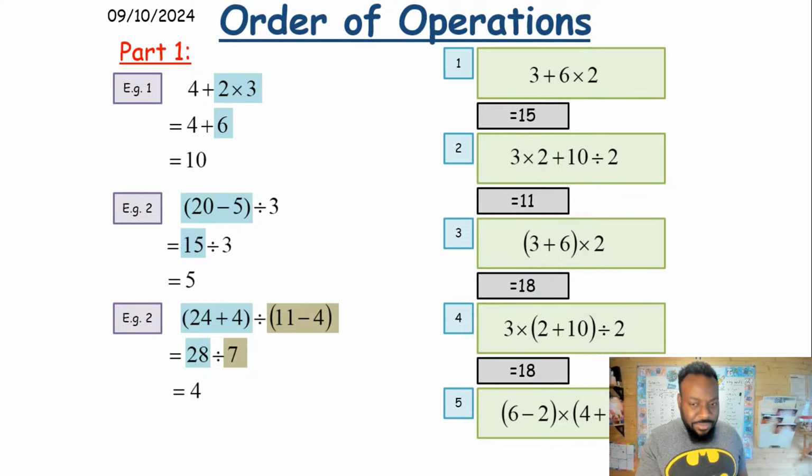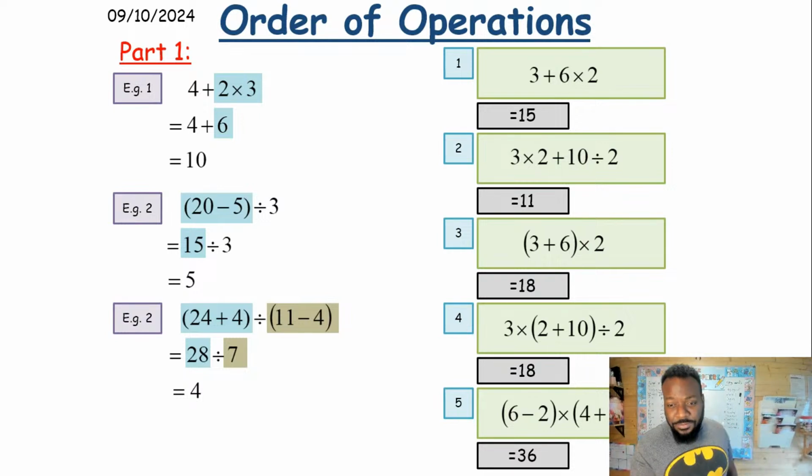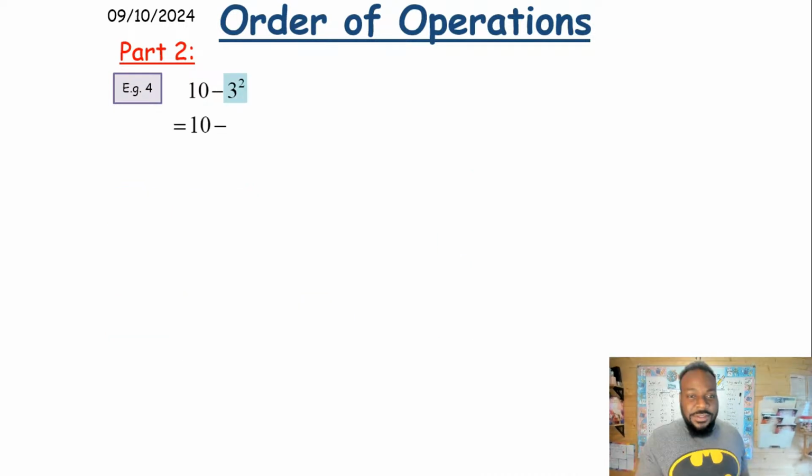You have to do the brackets first on this one, which is 2 plus 10, which gives us 12, and then we want to times it by 3 and divide it by 2. And this one, we're going to do 6 minus 2, and then times the answer by 4 plus 5, 36. Okay. Right, a few more with powers now.